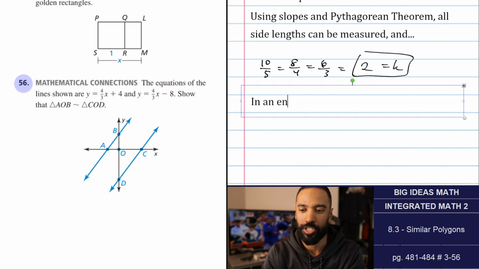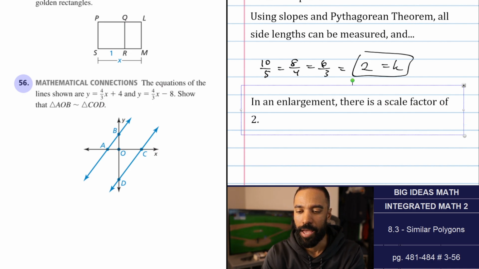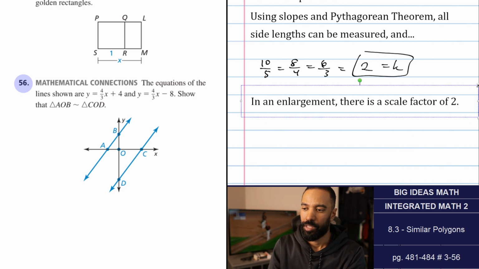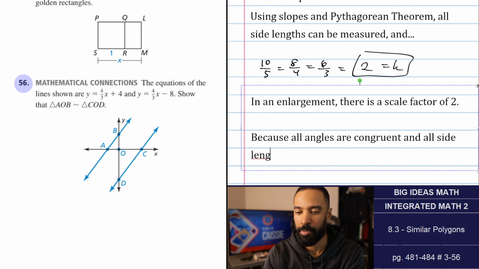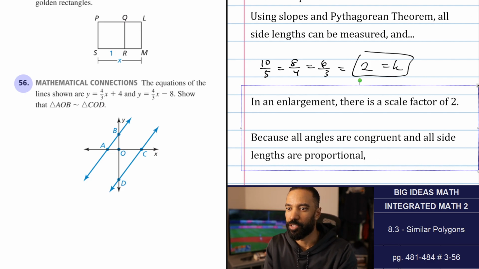There is a scale factor of 2 in the enlargement, as the side lengths are proportional. Because all angles are congruent and all side lengths are proportional, I have a triangle symbol here somewhere.